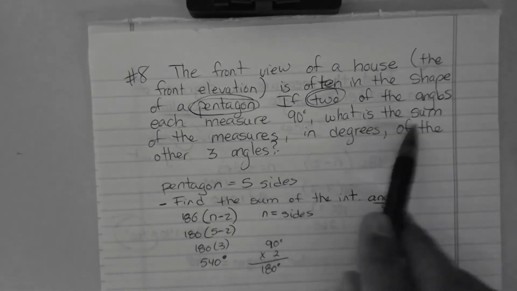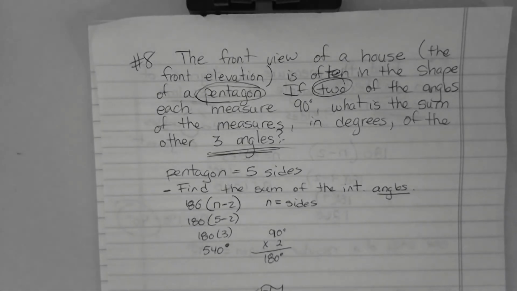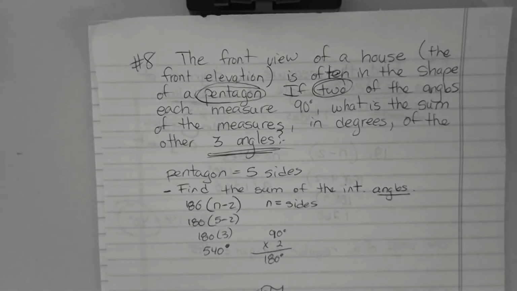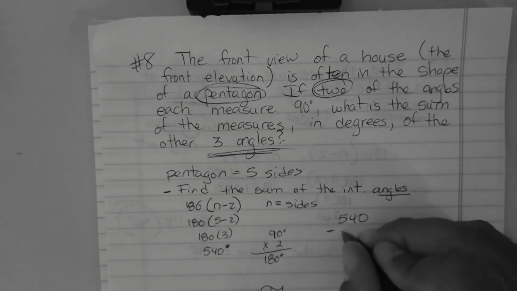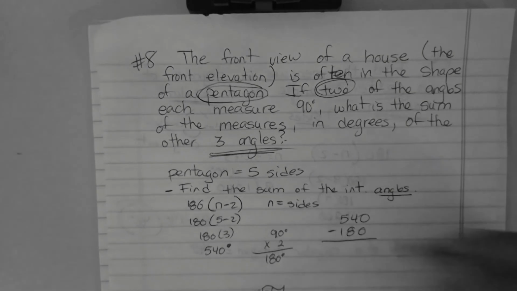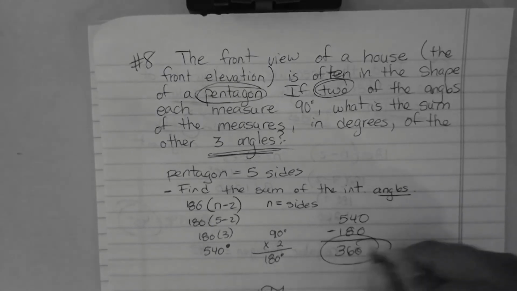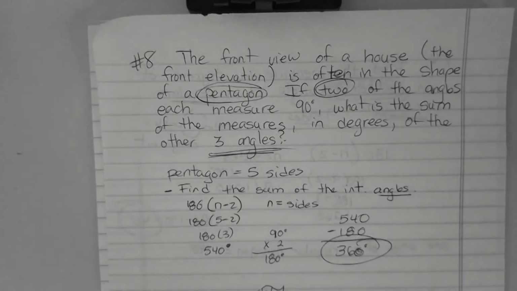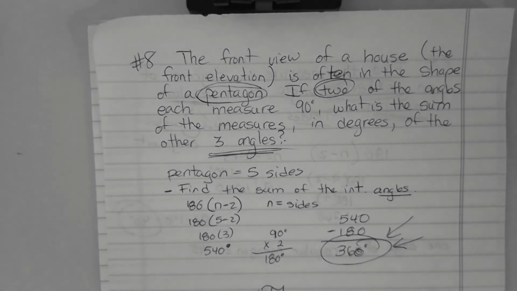The question says, what is the sum of the measures in degrees of the other 3 angles? What's the last step? You subtract 180 from 540. Very good. 540 minus 180 gives me 360. That is my final answer, guys. Any questions for number 8?